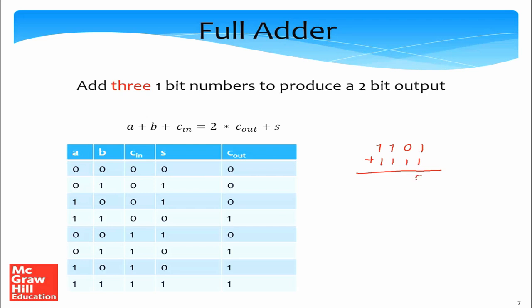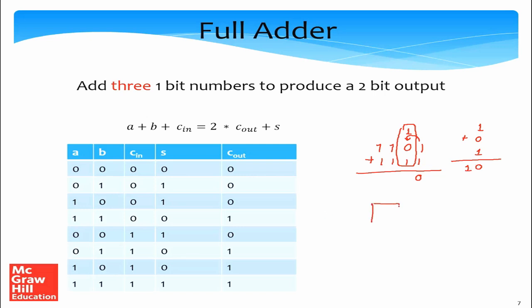So it will produce a sum of 0 and a carry of 1. Mind you, for the second position, we are actually adding 3 bits. We are adding 1 plus 0 plus 1, right? So this will produce a sum of 0 and a carry of 1.